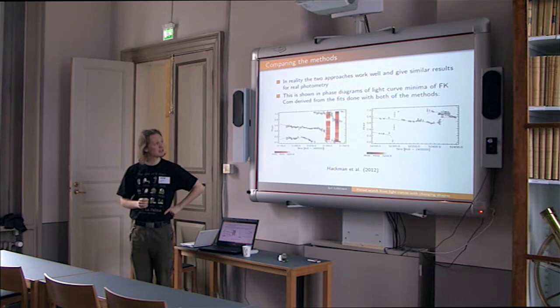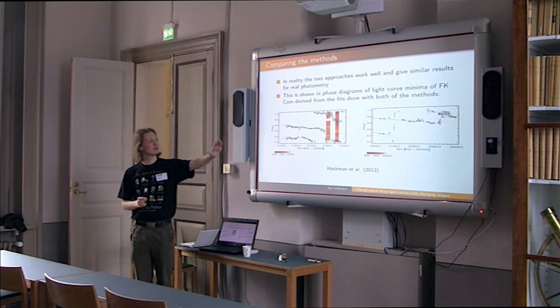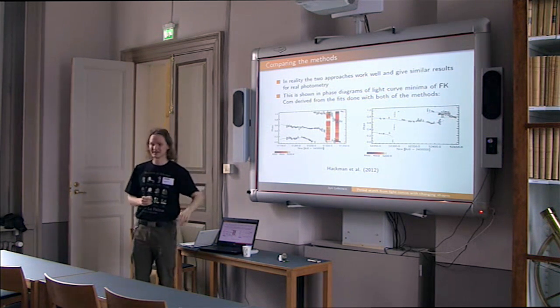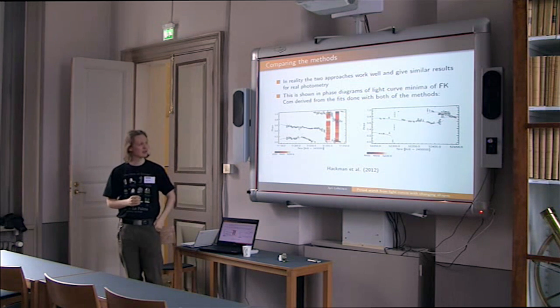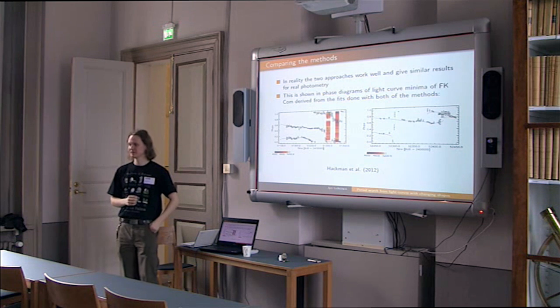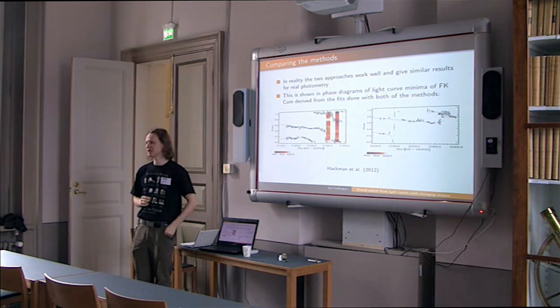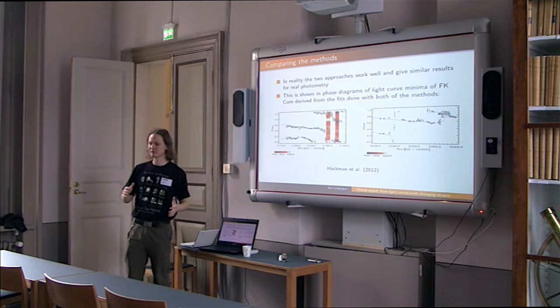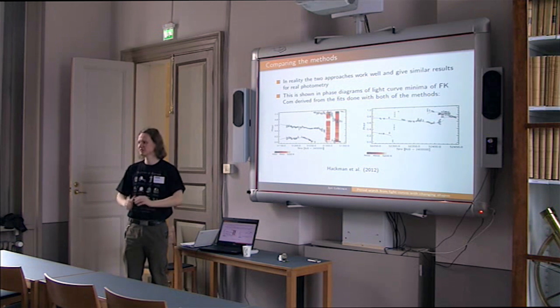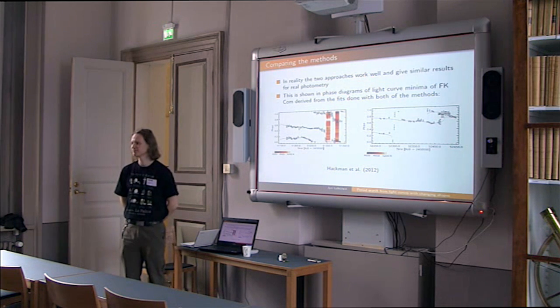So with the research we are doing, it's very much combining photometry and spectroscopy. So it's all about using as much data as you can from as many different approaches as you can.